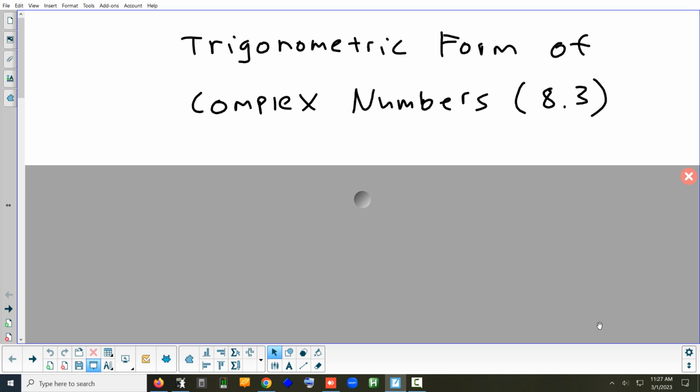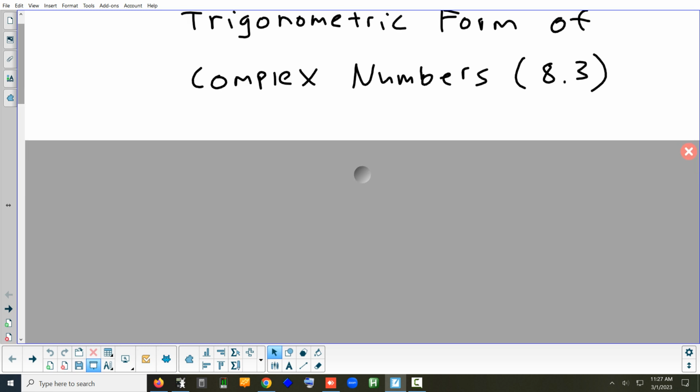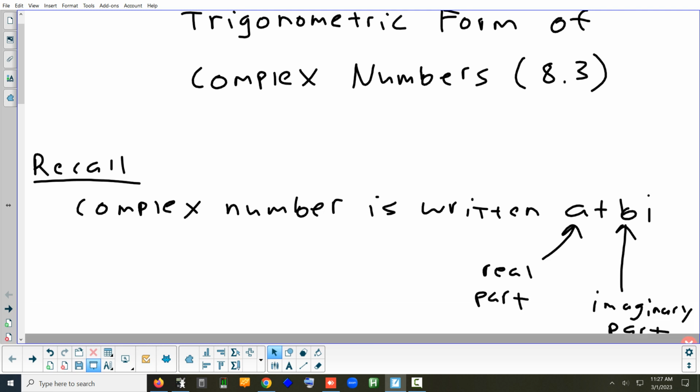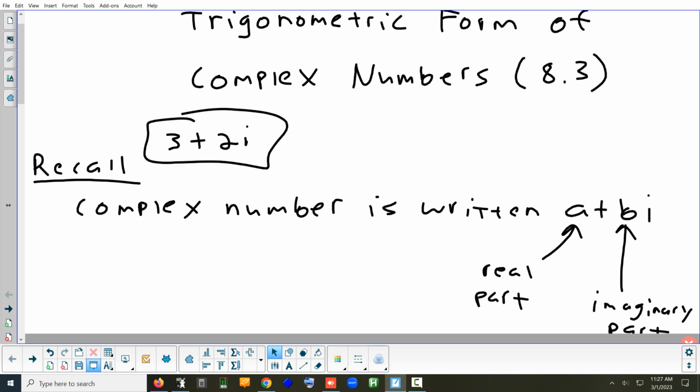This is the second half. So we know how to write complex numbers like that. Okay, this is something we've talked about before. And does anybody remember like what that form is called? That's not the trig form. That's called something.